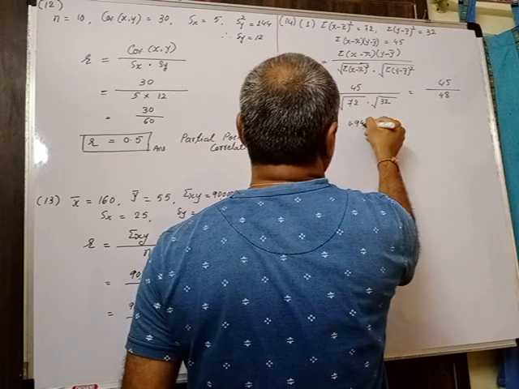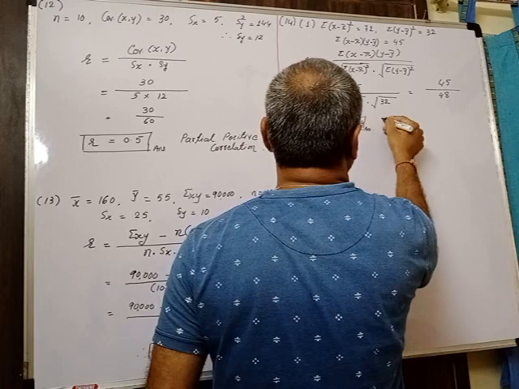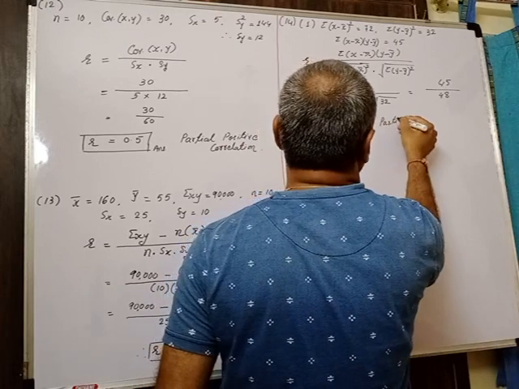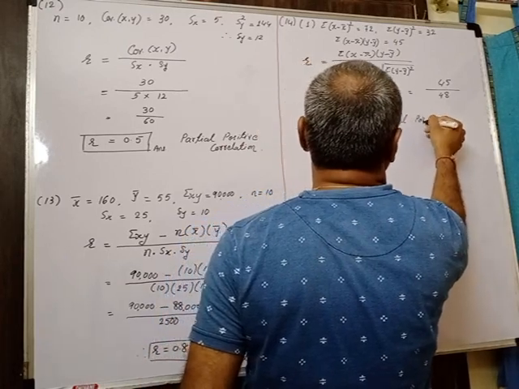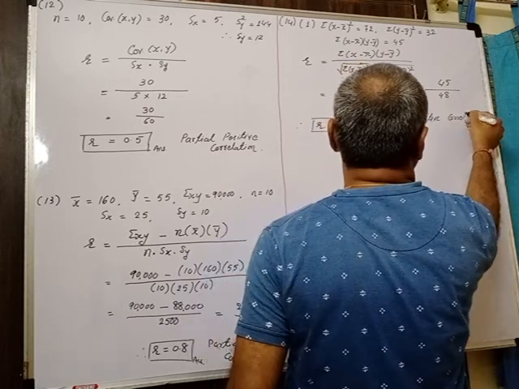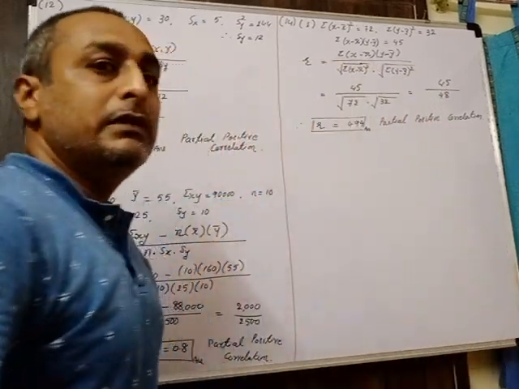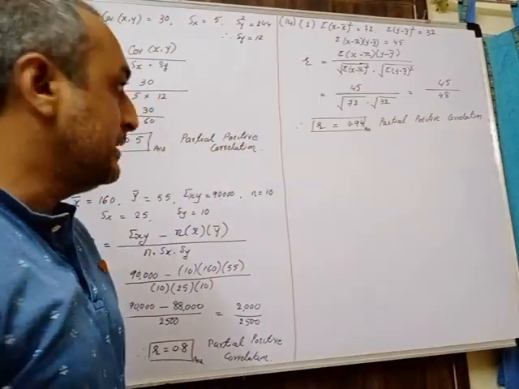You can take 0.94 approximately, and again the type of correlation is partial positive correlation. So this is how the formula can be applied with the given information.